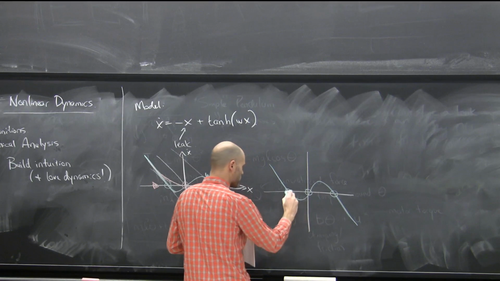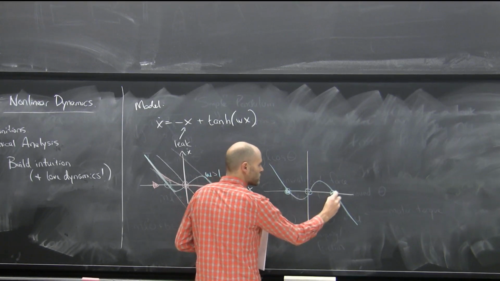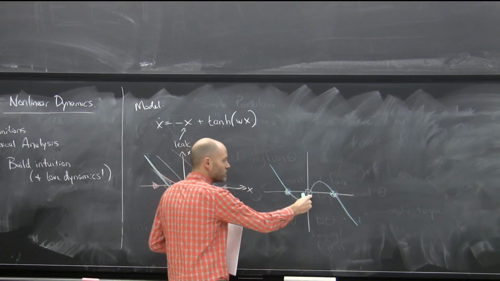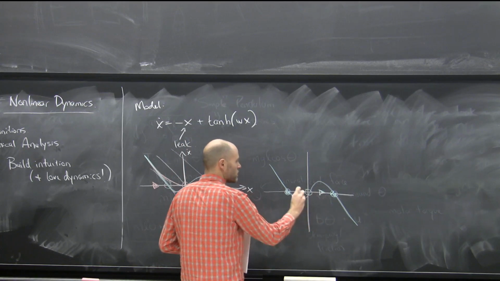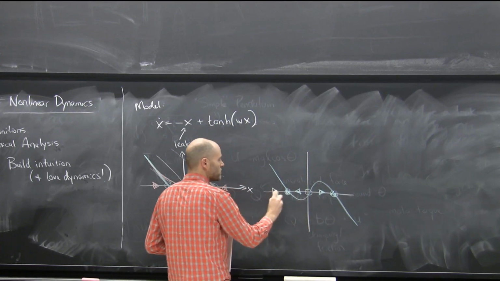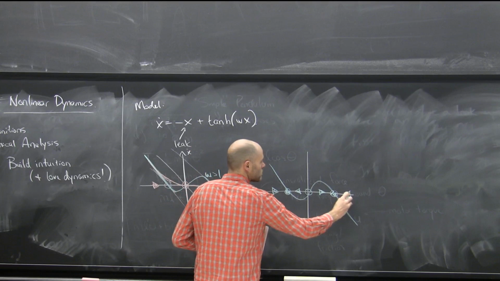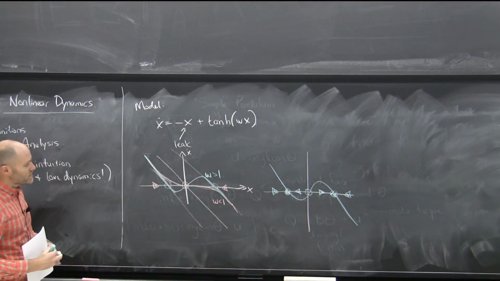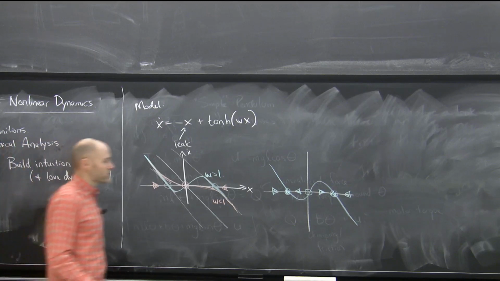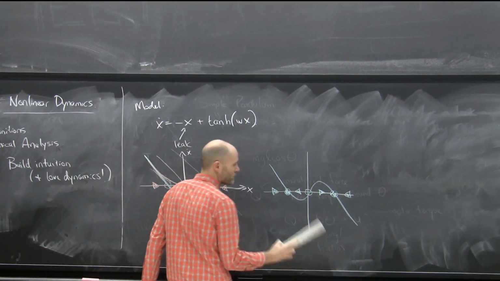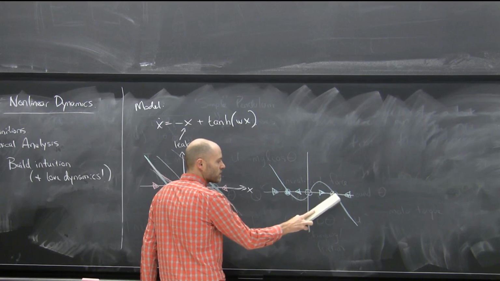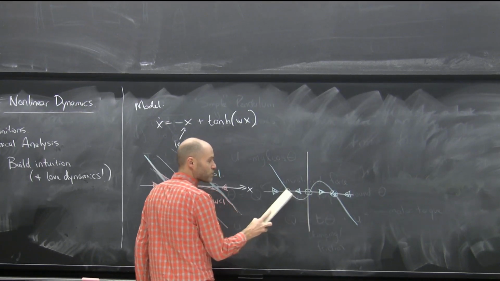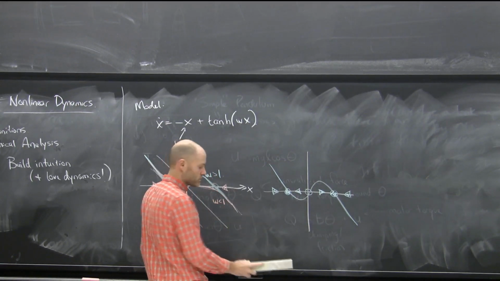That's the origin, sorry for my mistake, where this one is unstable, and these are stable. Okay, so this is an interesting system now with a notion of persistent memory, of short-term memory, if you will, that if it starts over here, it tends to stay over here. If it starts over here, it tends to stay over here.